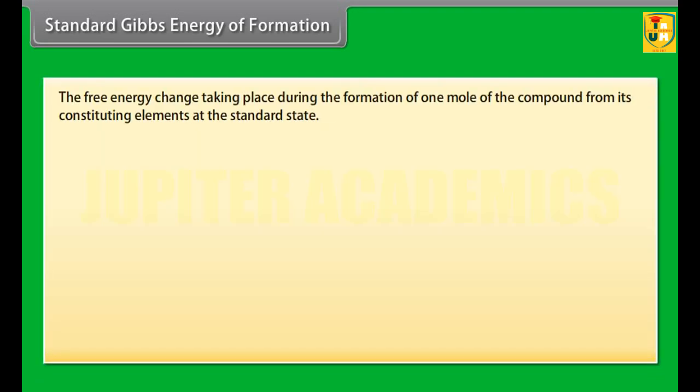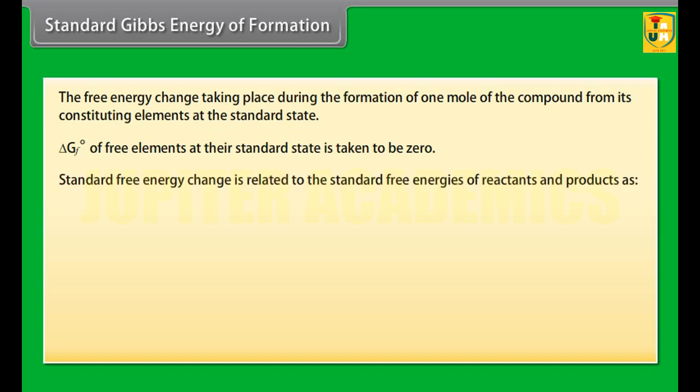Standard Gibbs energy of formation. The free energy change taking place during the formation of 1 mole of the compound from its constituent elements at the standard state. Delta G F naught of free elements at their standard state is taken to be 0. Standard free energy change is related to the standard free energies of reactants and products as delta G naught is equal to summation of delta G F naught of products minus summation of delta G F naught of reactants.